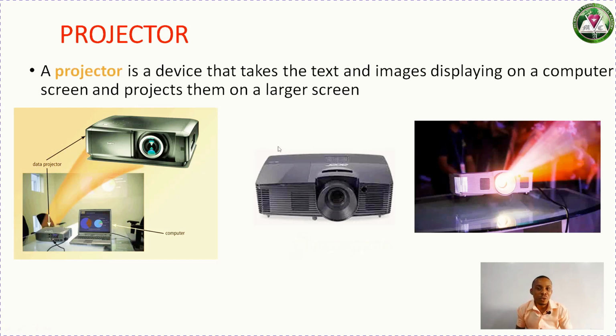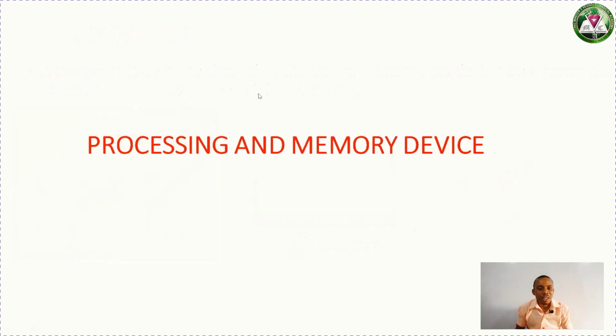But if we are using only our laptop, believe me, only one or two persons can view it. Others cannot see it. But with the help of a projector, it will help us to project it on a larger screen so that everybody can see it. Okay, I hope the lesson is entering.